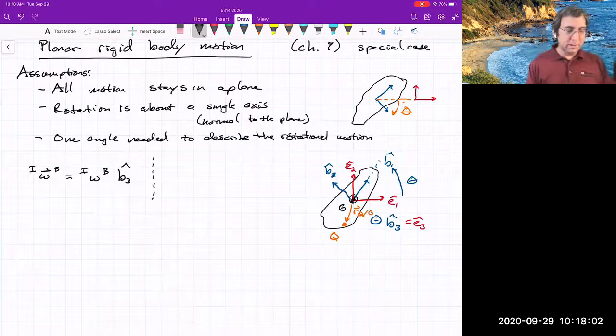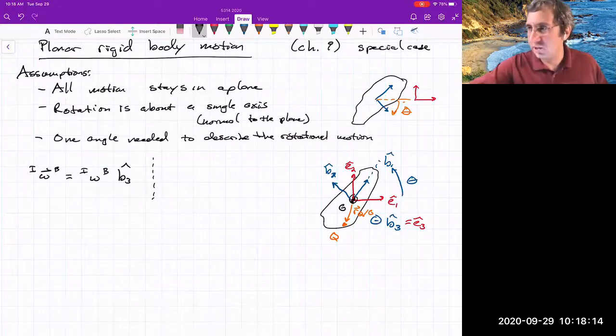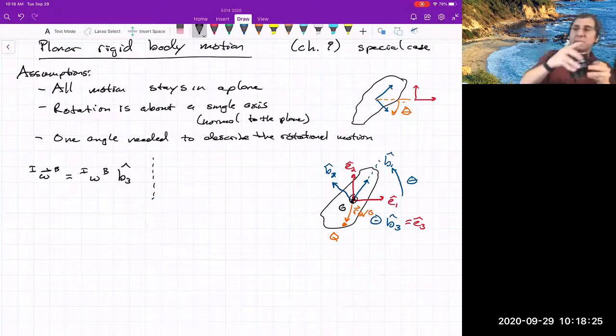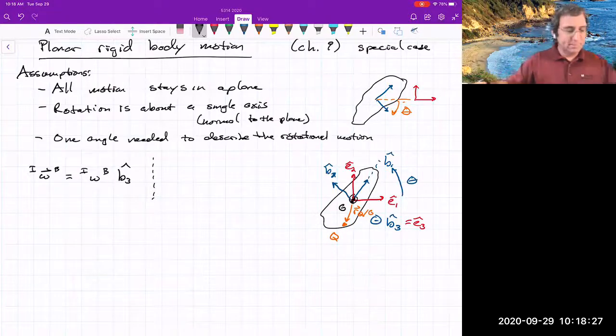But it's a big simplification because in general, you would need three angles to describe the orientation of something like this coffee mug in three-dimensional space. But if it's just moving laterally, then all I need is one angle. You're like, oh no, don't tip it too far, you spill your coffee. Yeah, I don't want to do that.